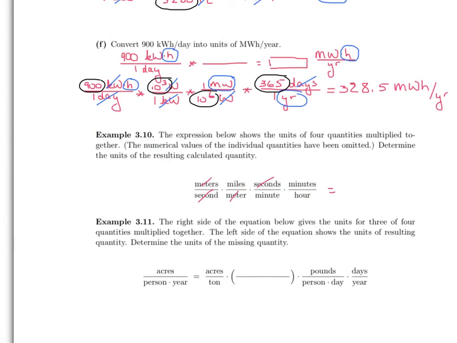Meters also appears in the numerator and denominator, as does seconds. So when we're done, the only units that haven't canceled out are the miles and the hours. So if we multiplied 4 quantities together that had these units, the answer would have units of miles per hour.